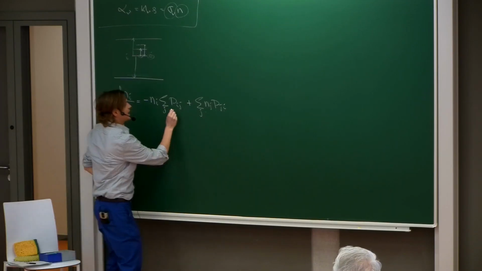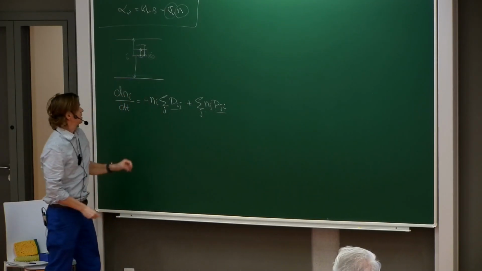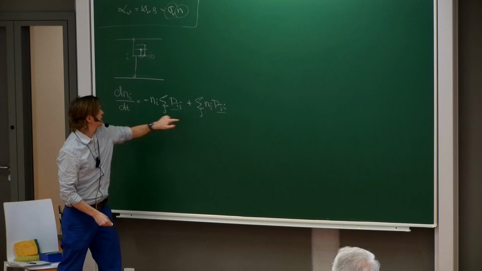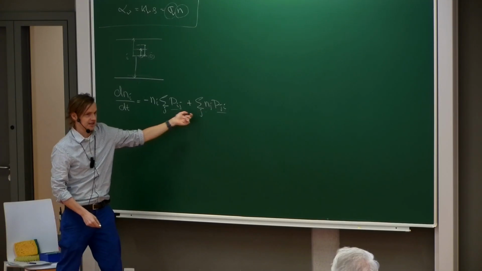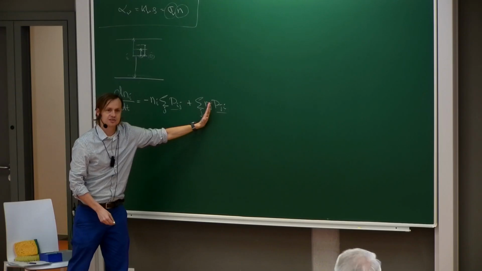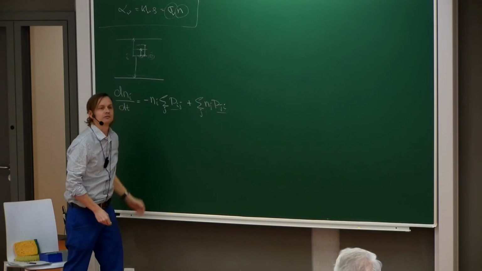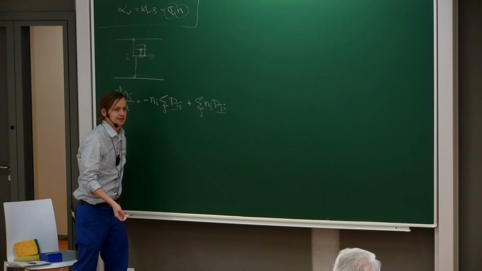So you see that in order to derive the population of these states, we will have to know the transition rates and then solve an equation system for all the involved states simultaneously, right?